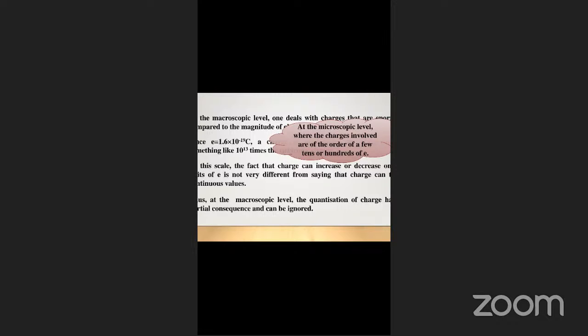That means at the microscopic level the charges involved are of the order of a few tens or hundreds of electrons or protons.